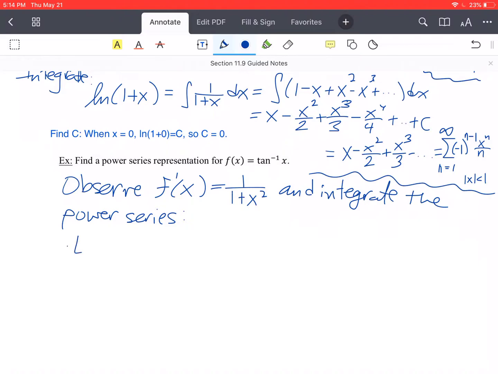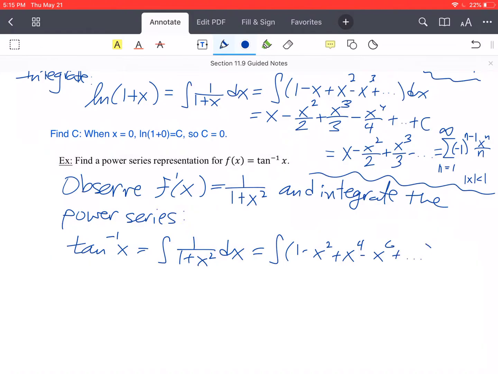Okay, so inverse tangent of x is the integral of 1 over 1 plus x squared dx, which is the integral of 1 minus x squared plus x to the fourth minus x to the sixth, etc., dx.